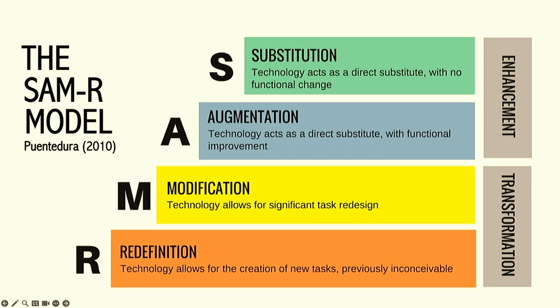It's not like a hierarchy; sometimes substitution is the best, sometimes redefinition, sometimes augmentation. It is very much about what we are trying to do, how we can do it, and whether there is a different and better way.